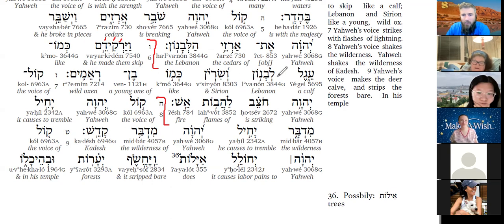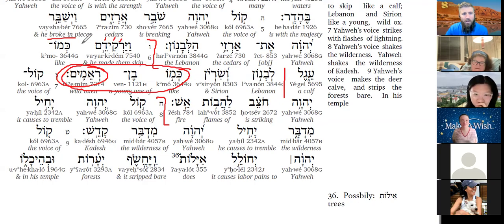Levanon, that seems to be the beginning, right? Levanon v'shiryon kamo ven re'emim. So re'em would be, or would it be ra'em? I think it would be ra'em, a wild ox. Okay, is there parallelism here? Kamo ben re'emim goes with kamo egel.